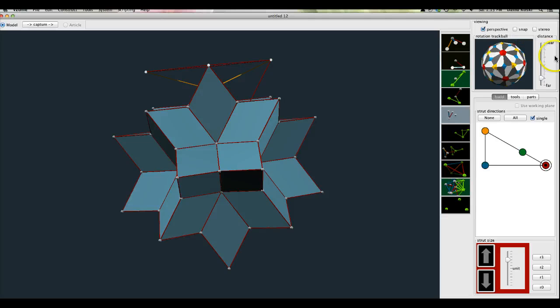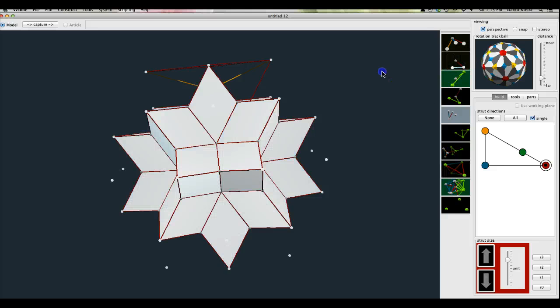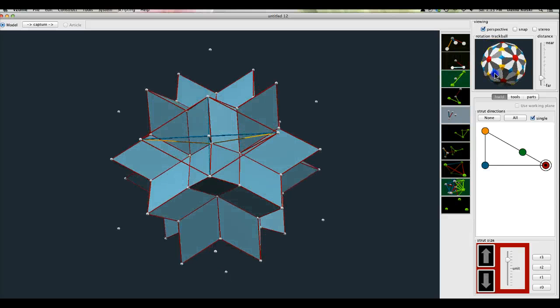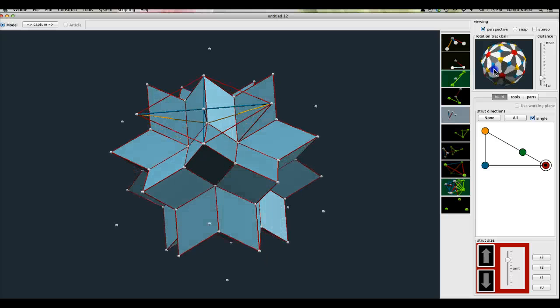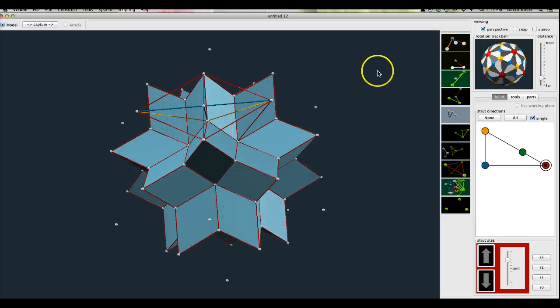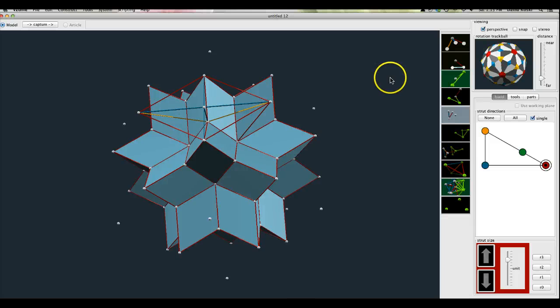So 3 phi to the 0 plus this stellation here, which would be 2 phi to the negative 1. So 2 phi to the negative 1 is 2 times 0.618034, which is 1.236068, plus 3 makes 4.236068, which is the volume of the larger rhombic tricontahedron.